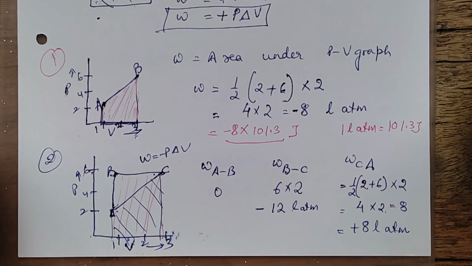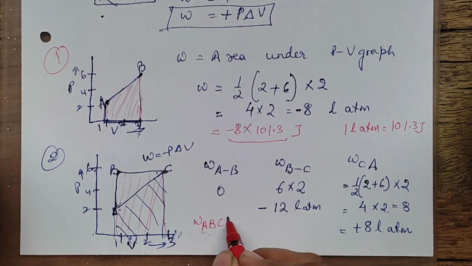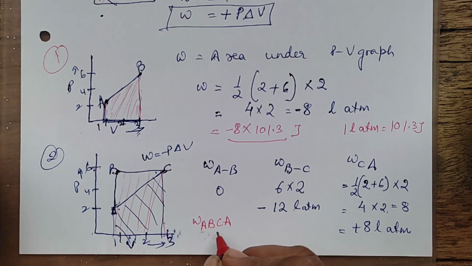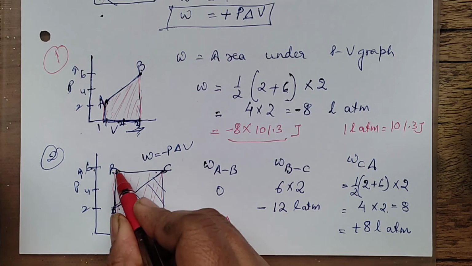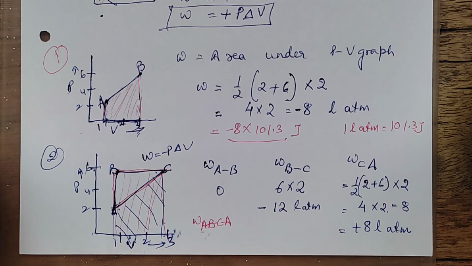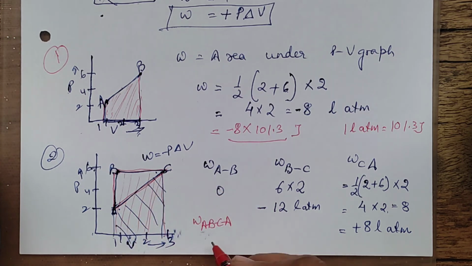Is this point clear? Now in the same question, suppose you're asked to calculate the work done in moving the object from A to B to C and then back to A. A to B, B to C, C to A. That means in moving along this whole path, what will happen? The work done, will it be 0? No. The work done is not 0 in this.